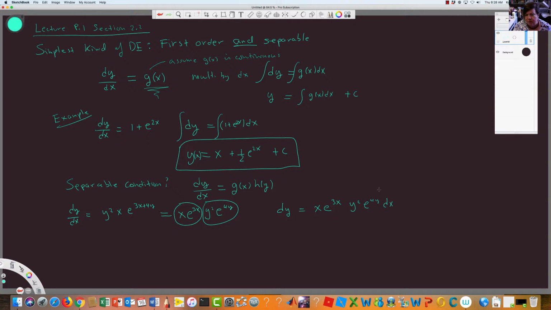But what I can do is take all of those y's, all the function of y, this is our h of y, and I can move it over to this side so that there's only y's over here and only x's over here. So let's do that. So we have dy, and then I'm dividing now by y squared e to the 4y. And then on this side now I have x e to the 3x dx.